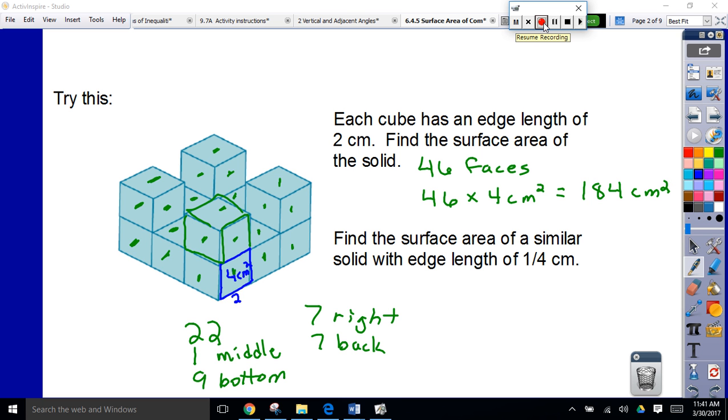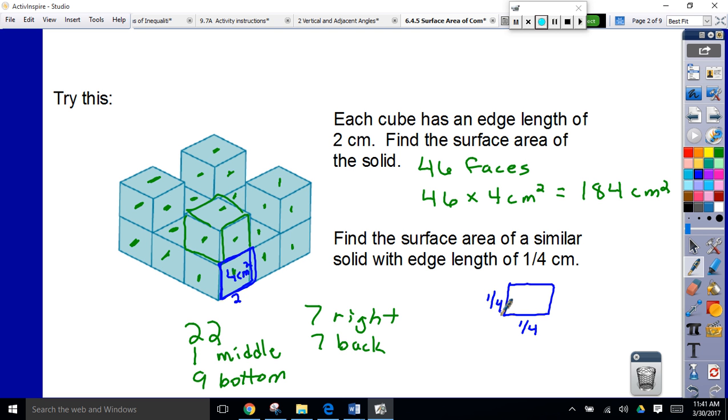Okay, first thing we did on this one was we had to figure out the area of 1 square, right? So remember this blue square we said was 4 centimeters, this one right here? So if our side length now is 1/4, so we have a square, and this square has edge lengths of 1/4. What's the area of this square?